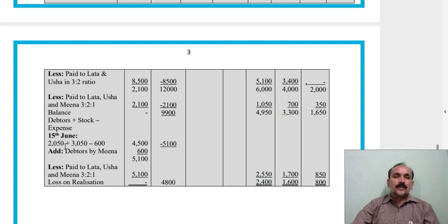Debtors 2,050, stock 3,050, total 5,100, plus 600. Cash available is 2,050 plus 3,050 and 600 cash received from Meena. Cash available balance is 5,100 here. Cash paid to all partners Lata, Usha and Meena in the ratio 3:2:1.